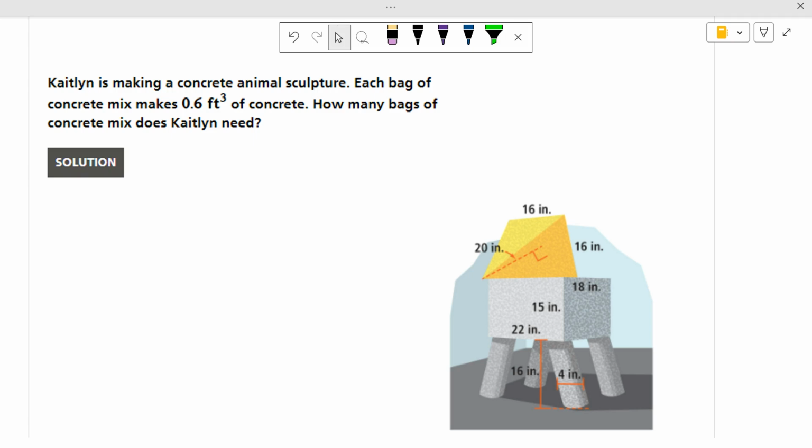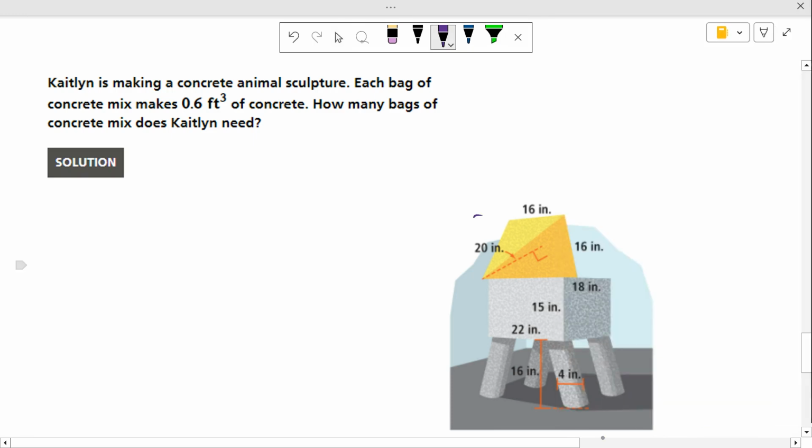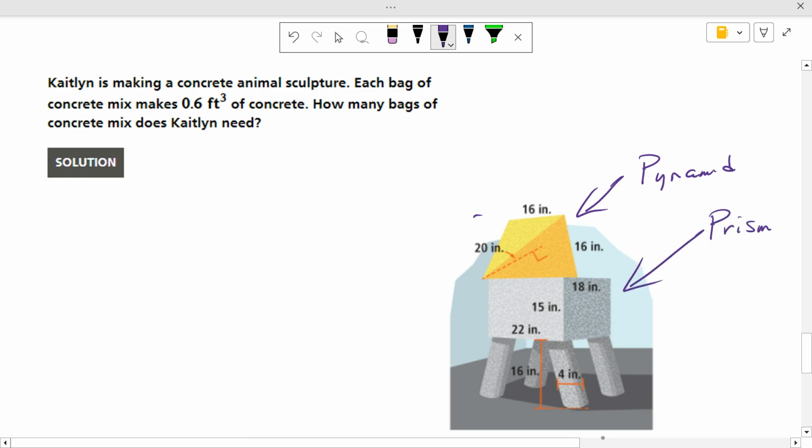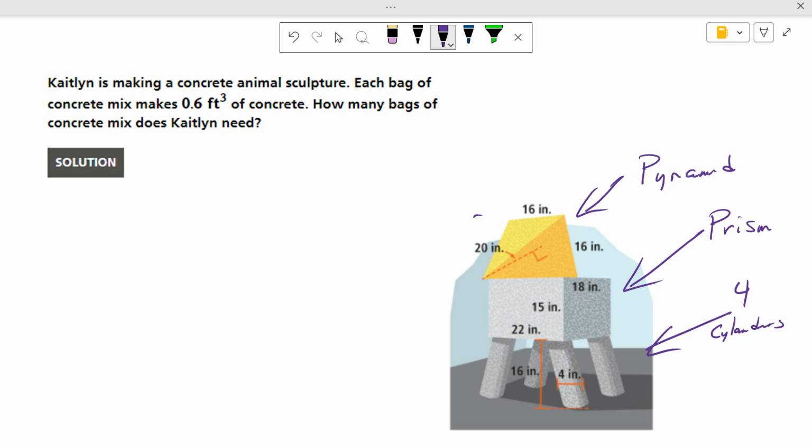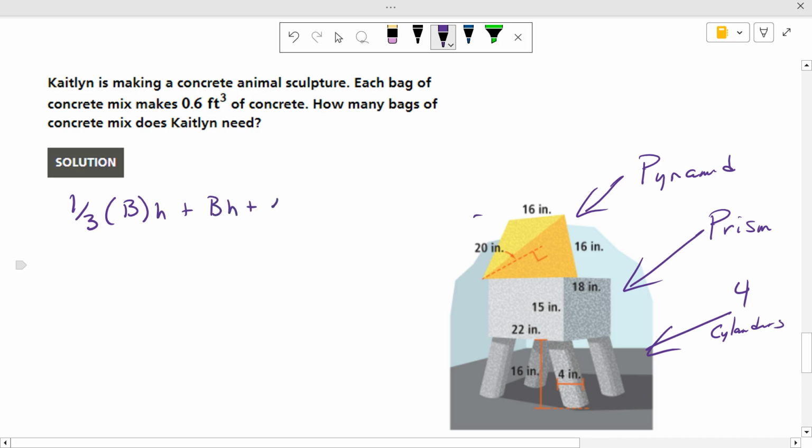Oh my. What do we got here? We got a pyramid. We have a prism. And we have 4 cylinders. Okay, so the pyramid is 1/3 the area of the base times the height. The prism is the area of the base times the height. And there's 4 cylinders, which are pi r squared h. So it's 1/3.